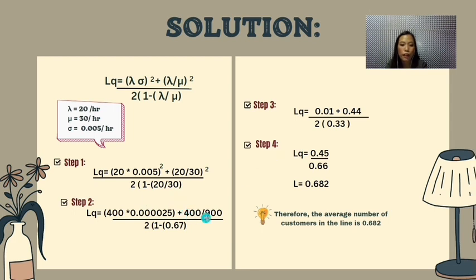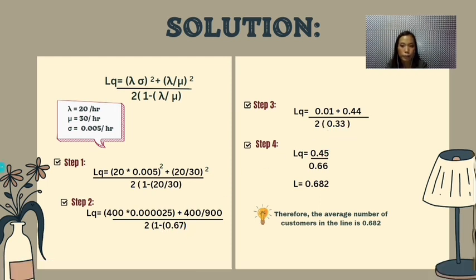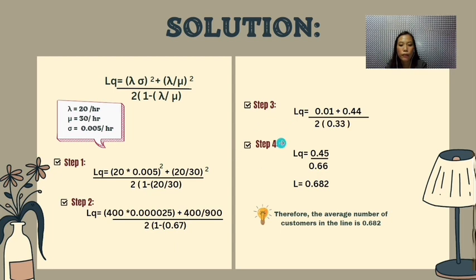Plus, 400 divided by 900, it is equals to 0.44. Now, let's minus the 1 dito sa 0.67. So, 1 minus 0.67 is equals to 0.33. Copy lang natin yung 2. Then, now, let's proceed with step 4.